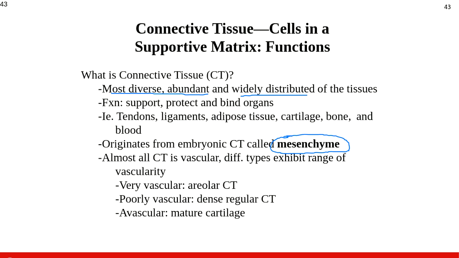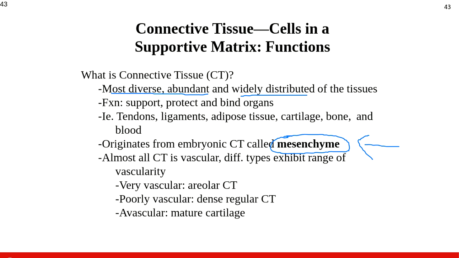That's why there's a lot of research going into stem cell research right now, because we've learned that stem cells can be added to certain areas to help repair or regenerate tissue. For connective tissue, the stem cell type of tissue we refer to as mesenchyme. And you're going to see this again in later chapters.